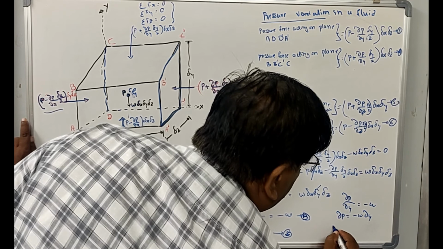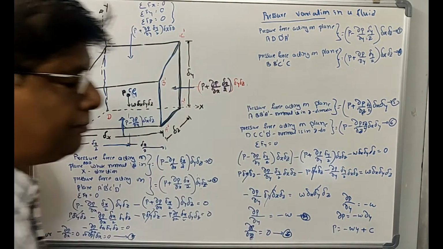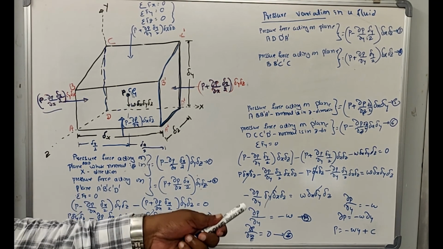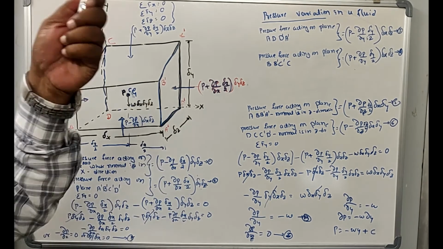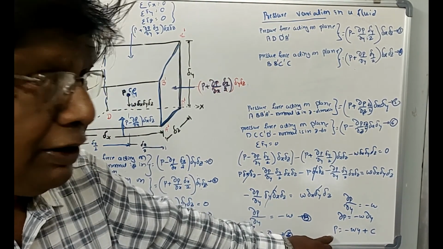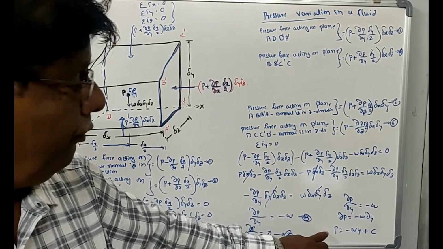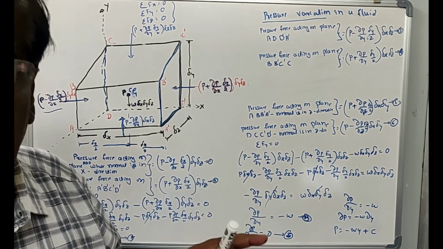Integrating this equation, P is equal to minus Wy plus C. C is the integral constant. W is the unit weight of water, or the specific weight. Y is the vertical direction. So from this, it is clear that the pressure in a static mass of fluid varies only in the y direction, that is nothing but the vertical direction.